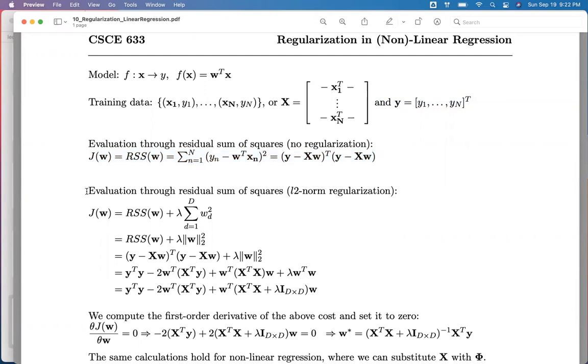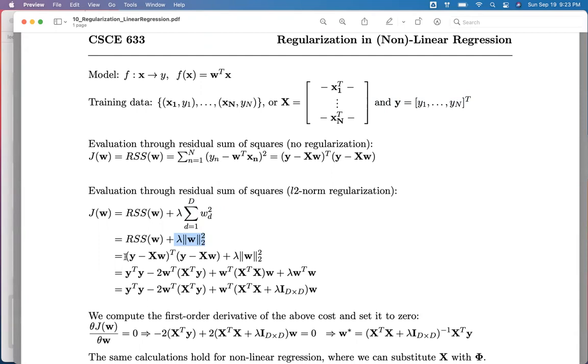And when we conduct L2 norm regularization, we add the sum of the squared values of the weights to this RSS error. So here, what we do is go from the algebraic notation of the sum of the weights into just this L2 norm, and these two things are exactly the same.